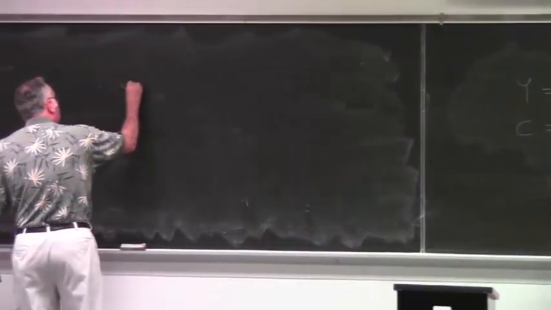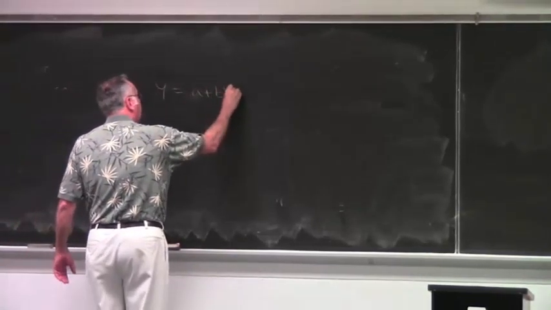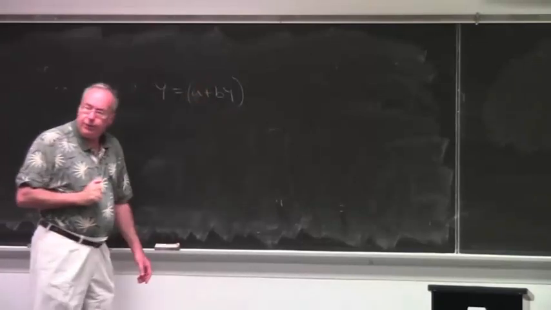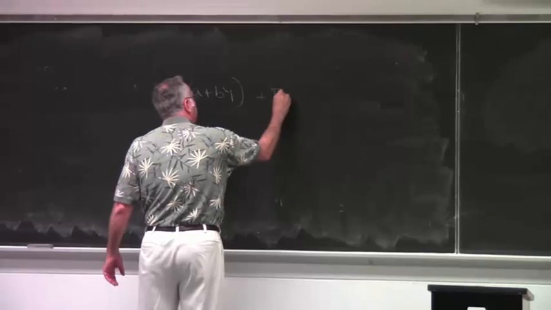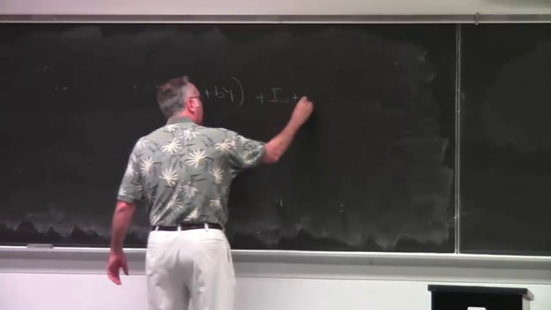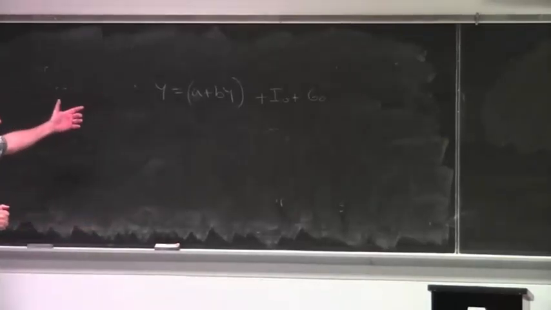We would get Y equals A plus BY. That's the expression for C, plus I plus G. Now get all the Y terms over on the left-hand side.